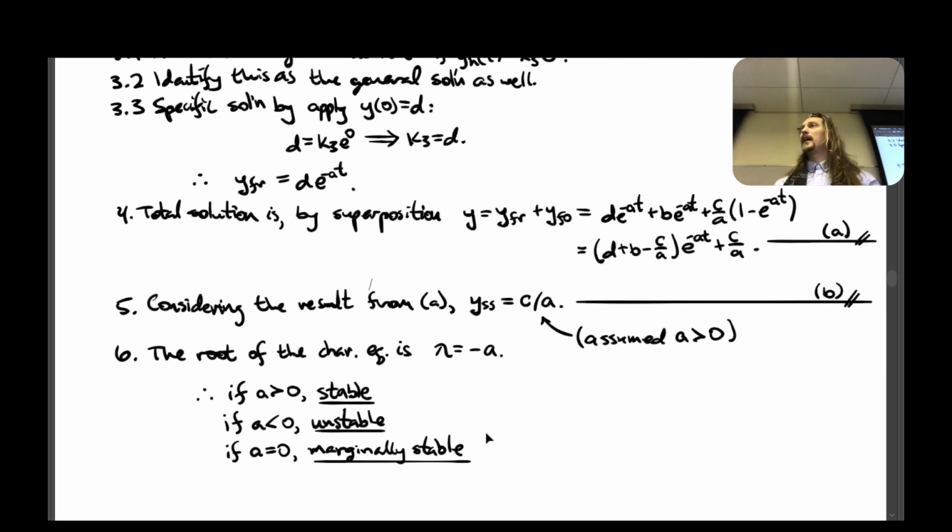You can have a complex solution to the characteristic equation. And it's the sign of the real part that's important there. So in this case, there was only a real part, so that's all we considered. But it is the real part that is important for stability. Okay. You saw that in the previous example. We looked at that because it was a complex root, that example. Okay. All right.